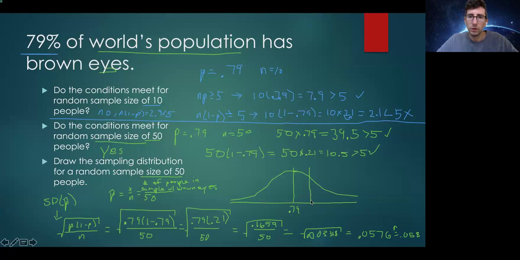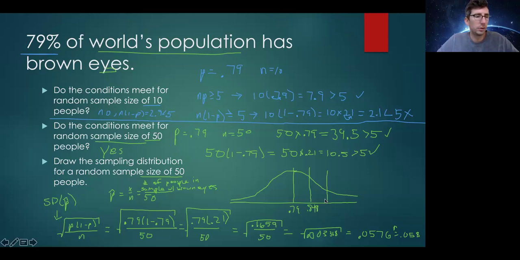So now we can move over one standard deviation to the right. We just need to add 0.058 to 0.79, and we get 0.848.